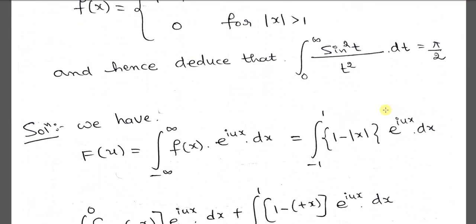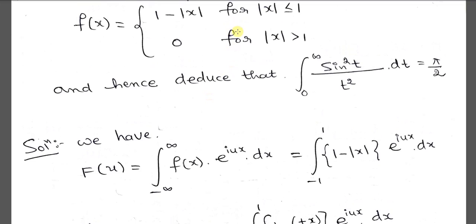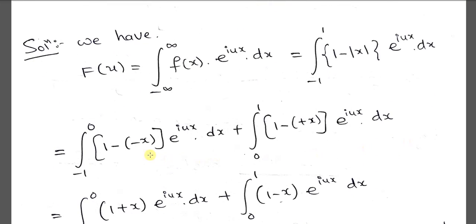Fine. So write down the formula first. The function is defined from minus 1 to plus 1, right? So minus 1 to plus 1, integration (1 minus mod x) into e power iux into dx. Now mod x means what? When x is negative, that is minus 1 to 0, we have to take minus, right? Because minus of minus becomes plus.